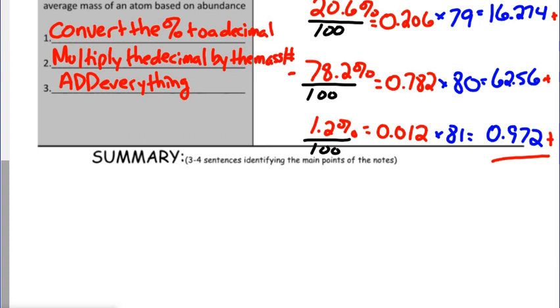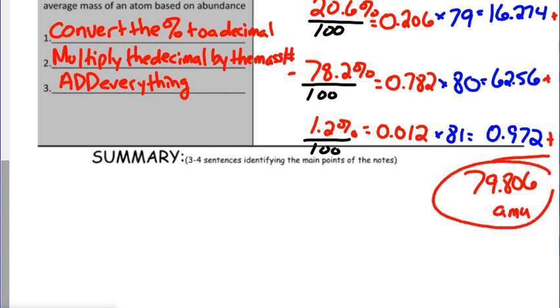So let me quickly add those up. And we wind up with 79.806 AMU. So that represents the average mass of all of the bromine isotopes that exist.